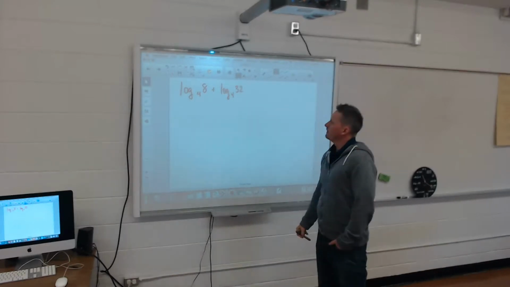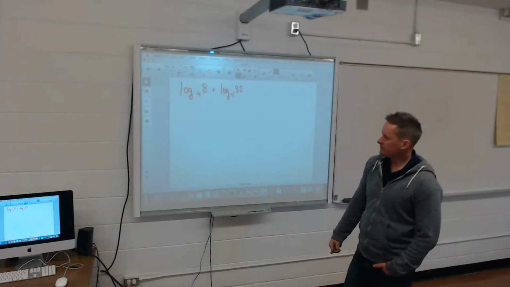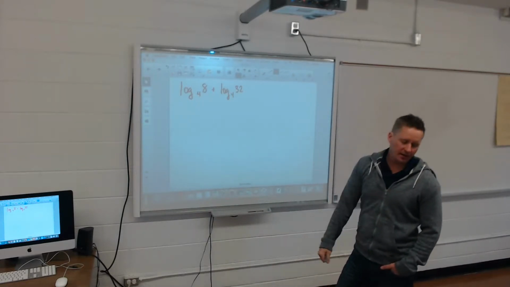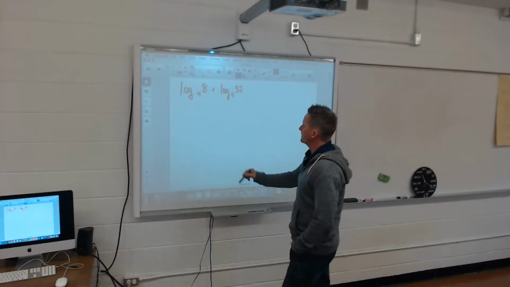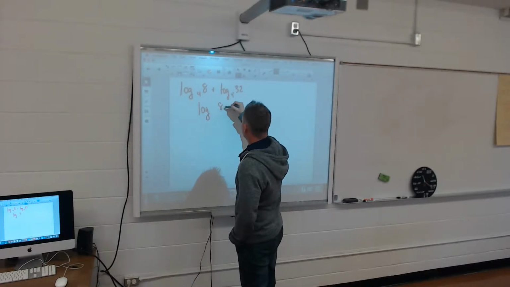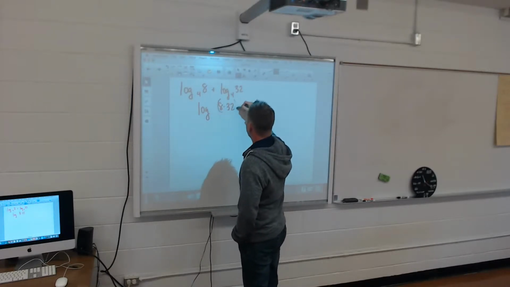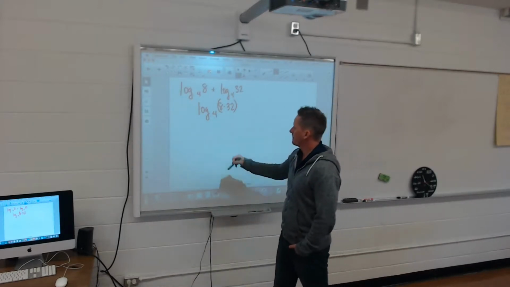All right. So to evaluate these expressions, if they're expanded, I'm going to make them into single. So I'm going to change this to the log of 8 times 32 to the base 4.